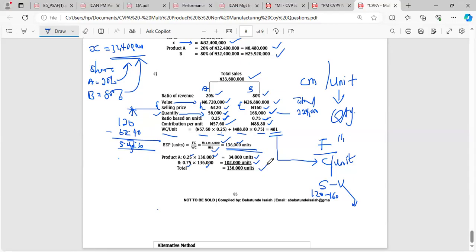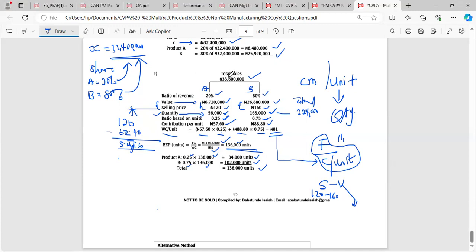Okay, so let me do a quick review of what we just did here. In this C, we are trying to get our break-even point in units. When we spelled out the formula, it was fixed cost divided by contribution per unit. It told us that the sales value we are going to use is 33,600. For it to give me that sales value, it simply means that my quantity will change.